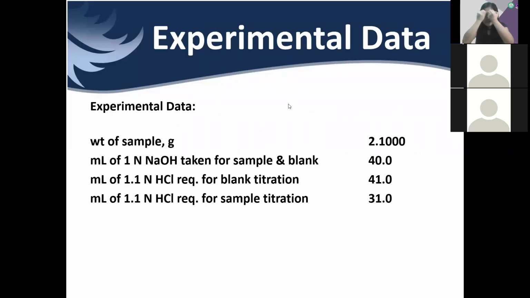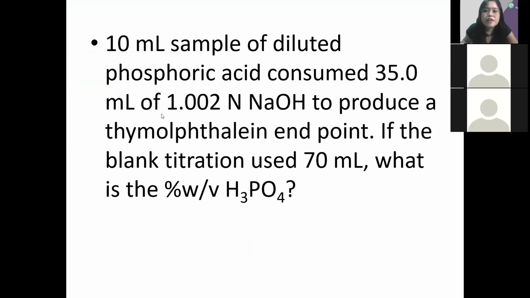Yung sa quiz, ang formula nun is for indirect titration alone. Itong ginawa natin sa aspirin is involving blank titration. May blank titration dito. So again, I will continue. Itong 10 ml, hindi to kasali sa assignment. I'll be doing this next meeting.